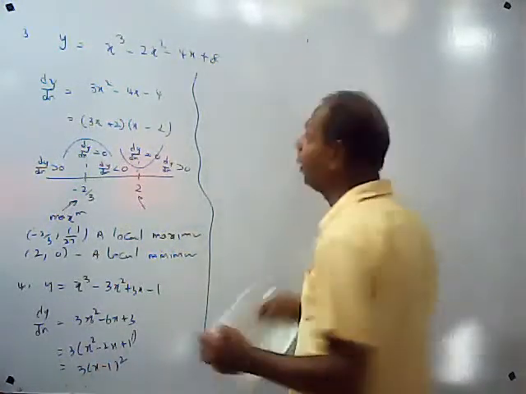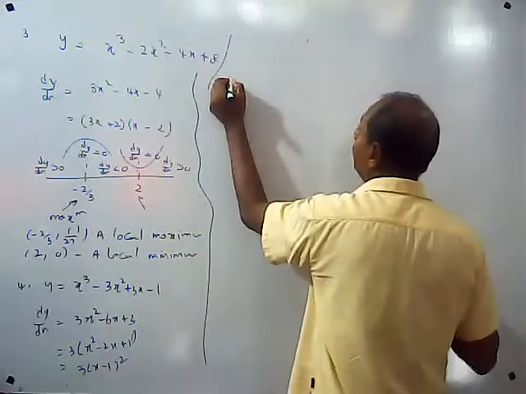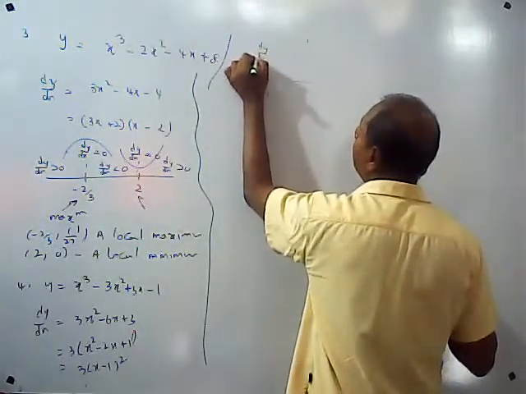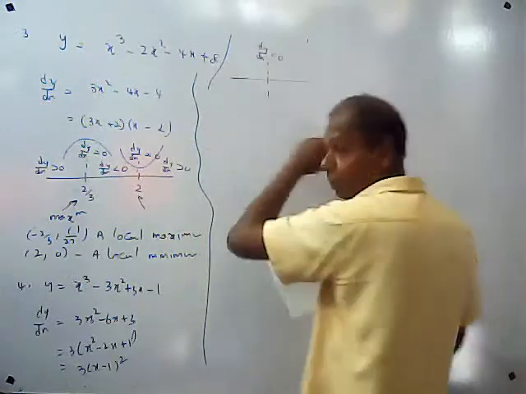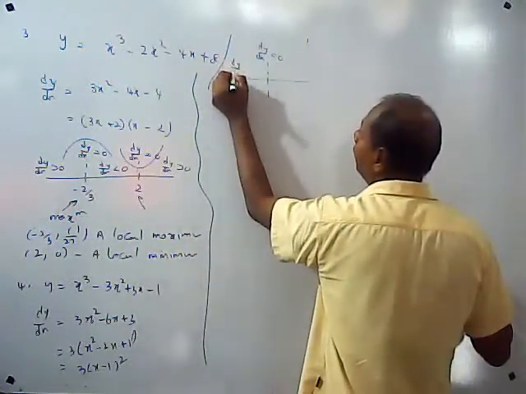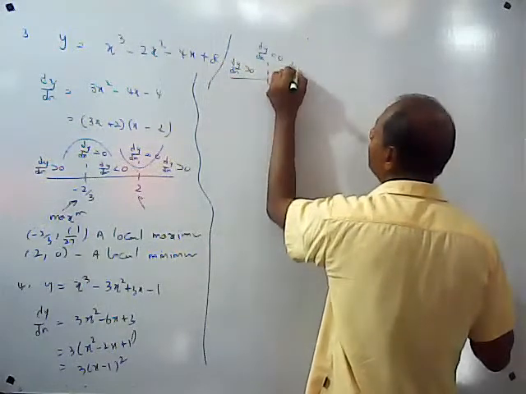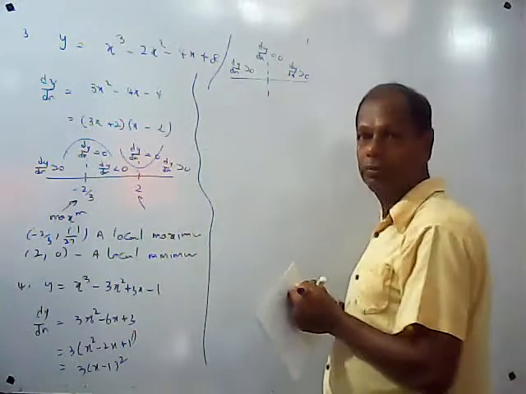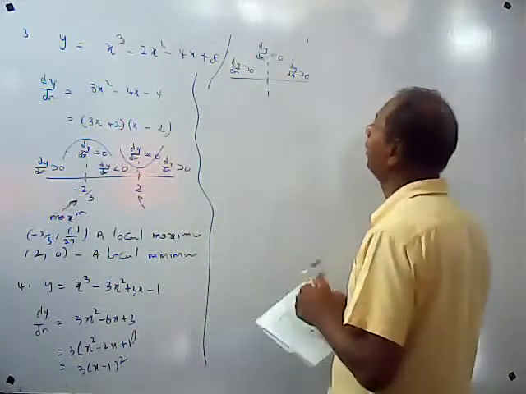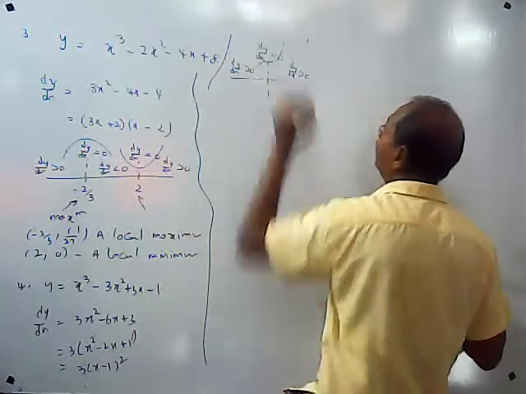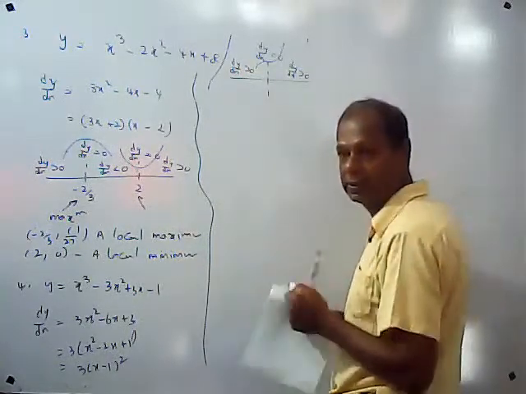It's a perfect square. So you mark 1. At 1, dy by dx is equal to 0. Left of 1 or right of 1, it is positive, so it changes from positive to positive. No change. In fact, it's an increasing function.